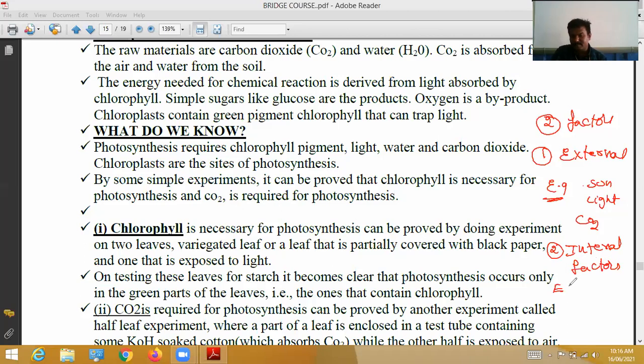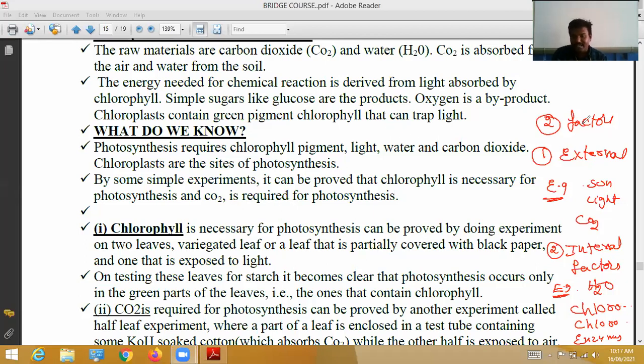Internal factors are water, chloroplast, chlorophyll, enzymes, etc. When all these factors are sufficiently available, neither more nor less, then only photosynthesis takes place efficiently.